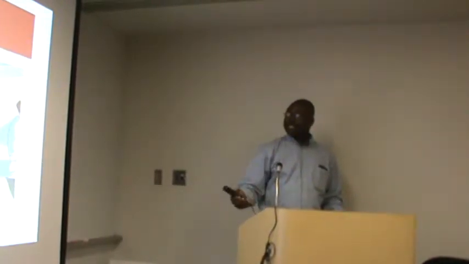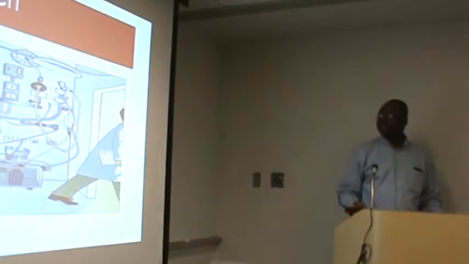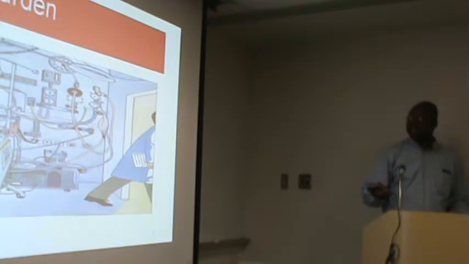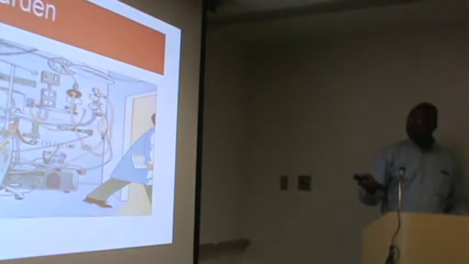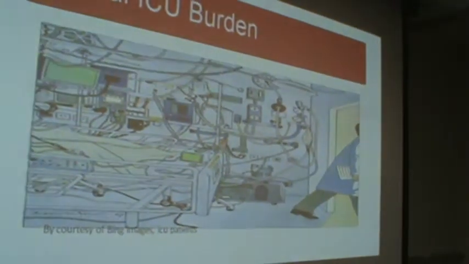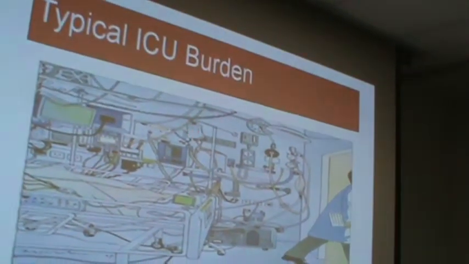Next slide. As you can see, this is a typical ICU room that you're looking at, and you can see all these hooked up wires, cables, tubings, electronic devices, and so many things, including one of our IV bags.